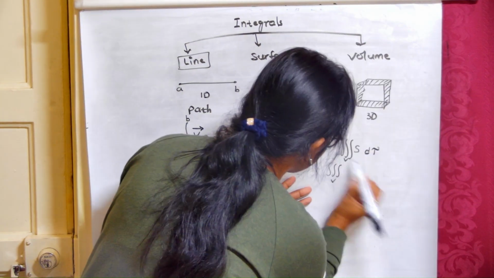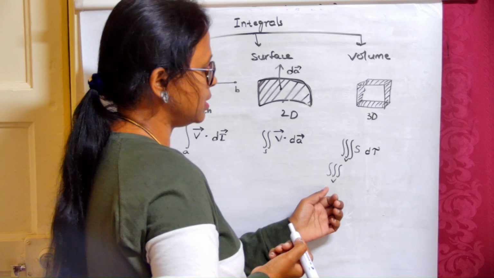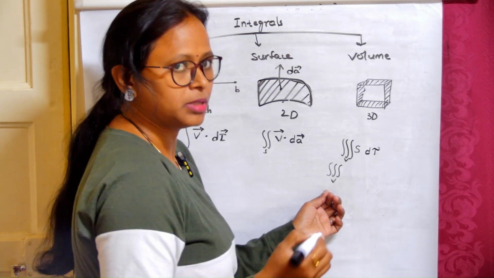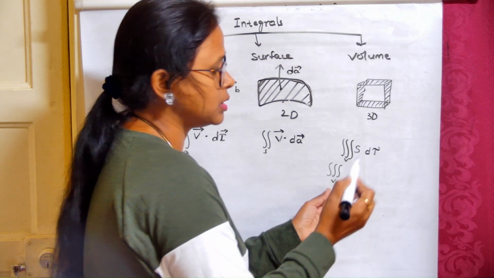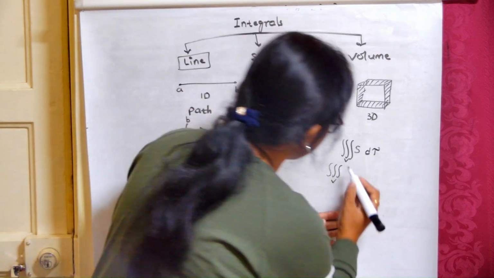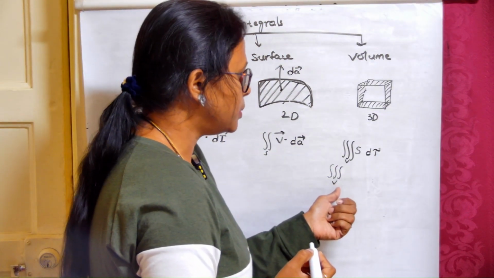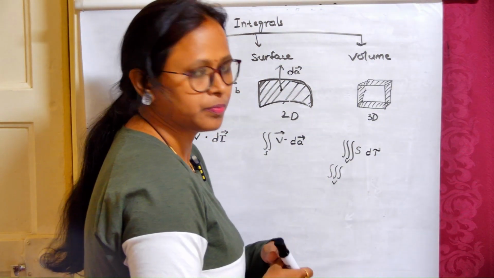Again, we represent the volume integral like this, with three integrals along each direction, I mean three integrals for dx, dy and dz. So the boundaries for these integrals will be surfaces.